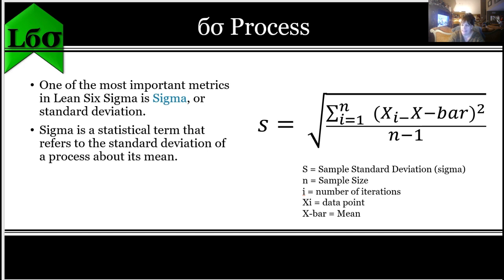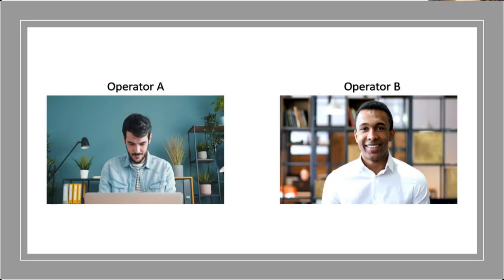And we're going to go more into that because it can sound a little bit more confusing than it really is. But basically, if you compare operator A to operator B, how long does operator A take to do a particular task versus operator B?